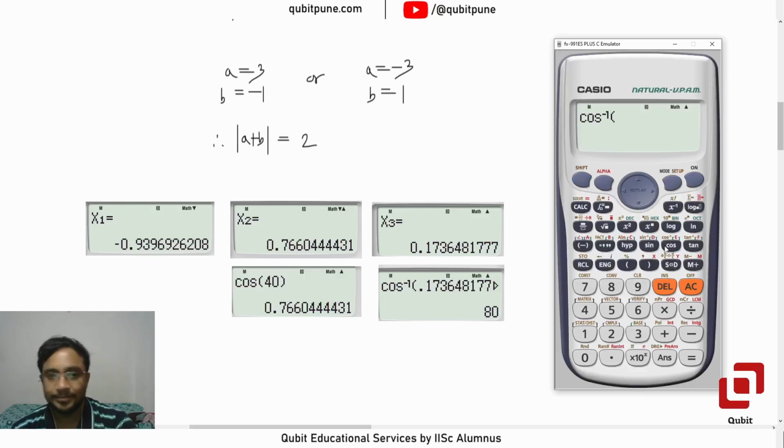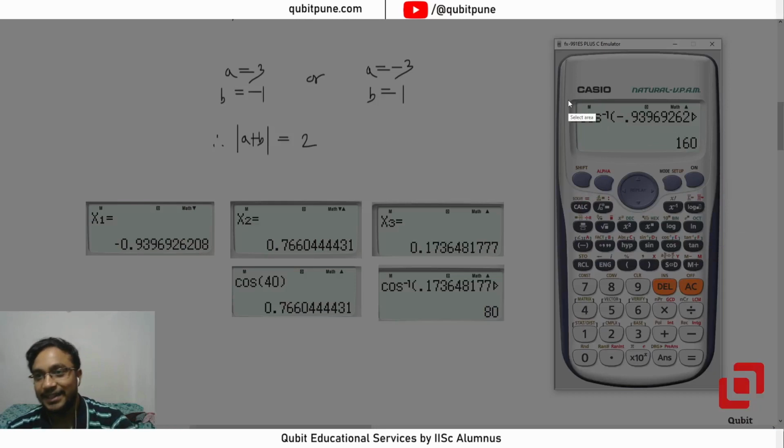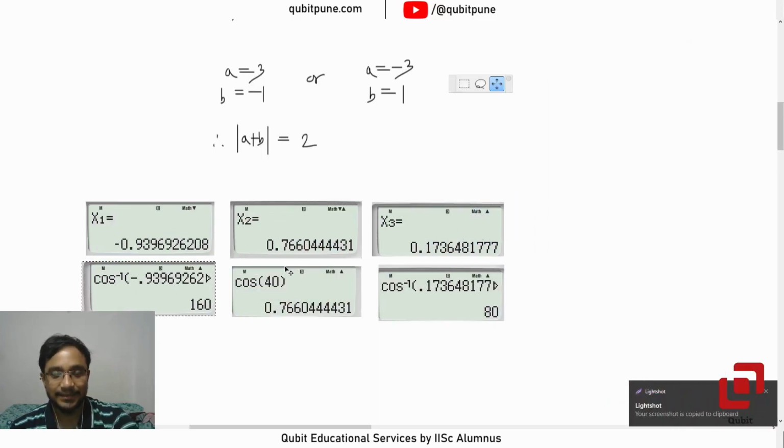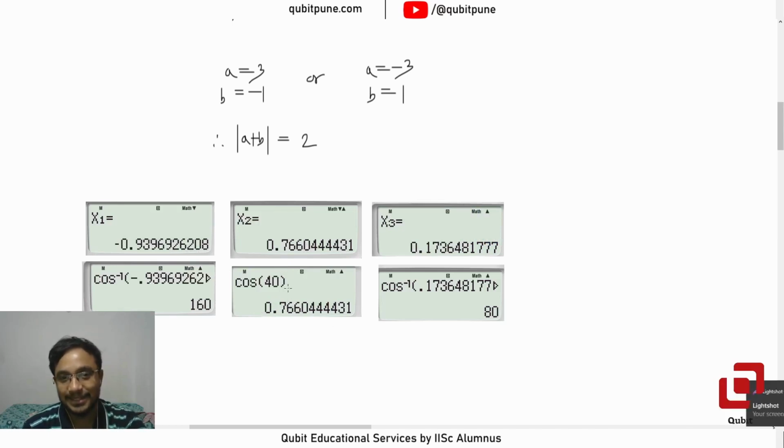Cos inverse of negative 0.93969262. This will be an obtuse angle. Nice, that's 160. So the angles are in GP. This is 40, this is 80, and this is 160.